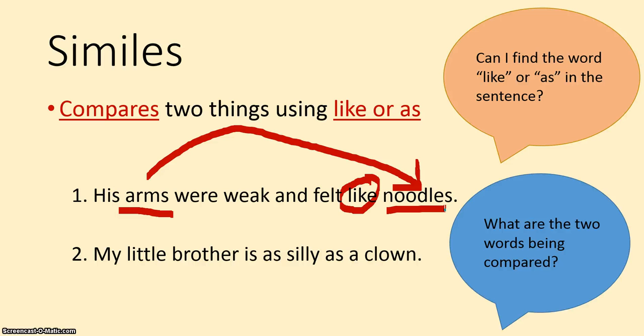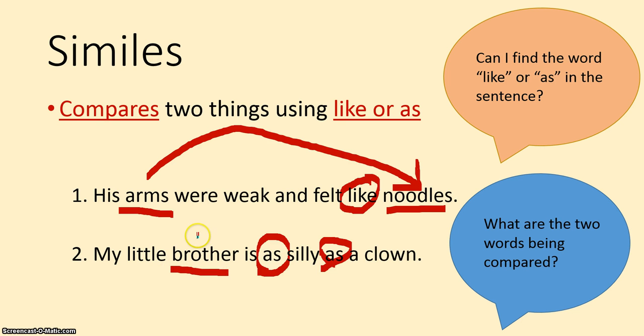Sentence number 2. My little brother is as silly as a clown. Can you find the word like or as? Well, we see it in here twice. Let's circle it. What are the two words being compared?